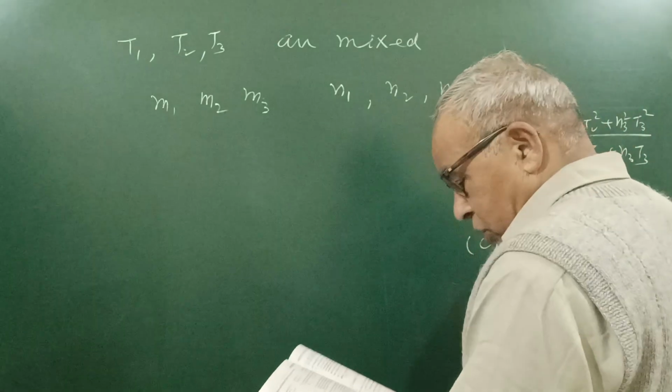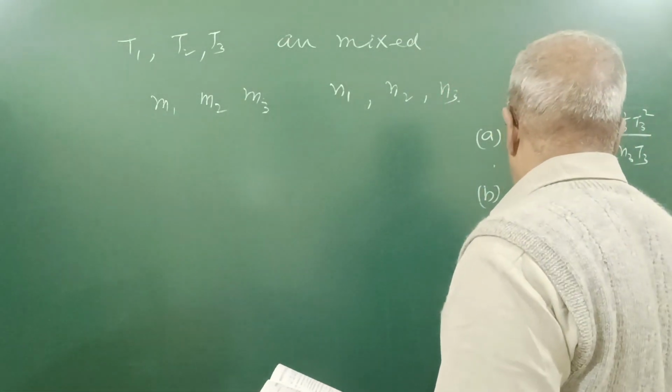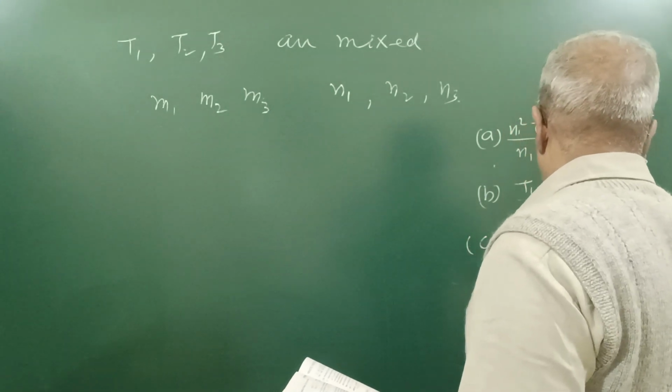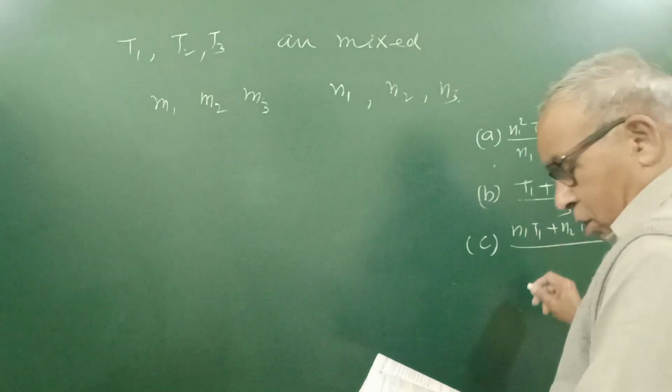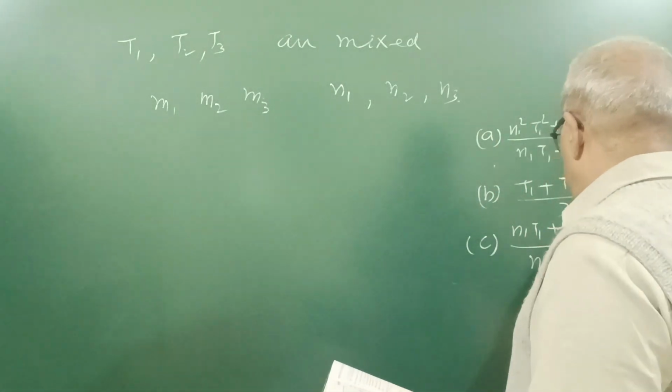C, N1 T1 plus N2 T2 plus N3 T3 upon N1 plus N2 plus N3.